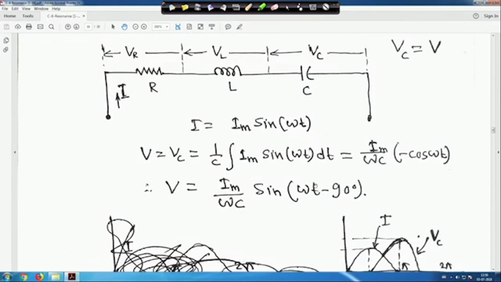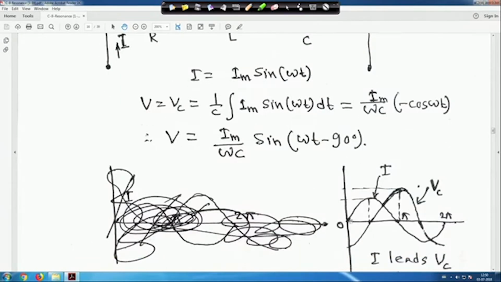Now, plot I equal to I m sin omega t. It starts from 0, and I reaches the peak first. When omega t is equal to 0, I is equal to 0, so this starts from here at 0.